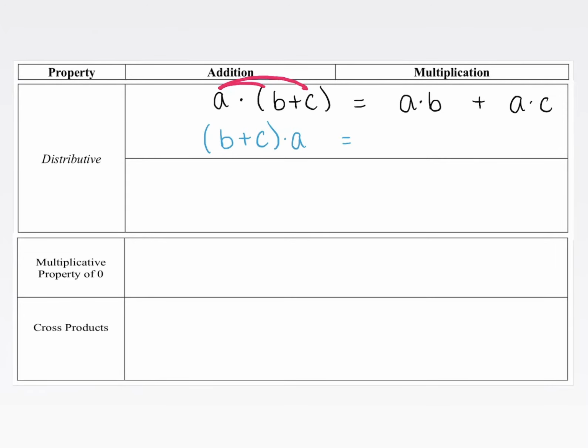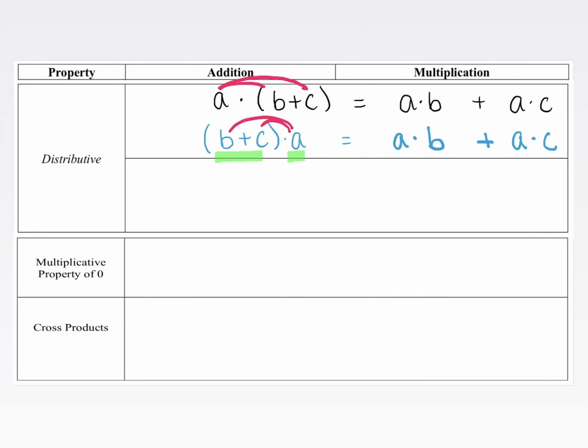Now this will actually get us the exact same answer. Why? Because this is actually the commutative property of multiplication. We have our two values here, and we just flip the order. Remember, 4 times 5 is the same thing as 5 times 4. So if we were to distribute this way, we would get A times B plus A times C. It's just rewritten initially a little bit different.